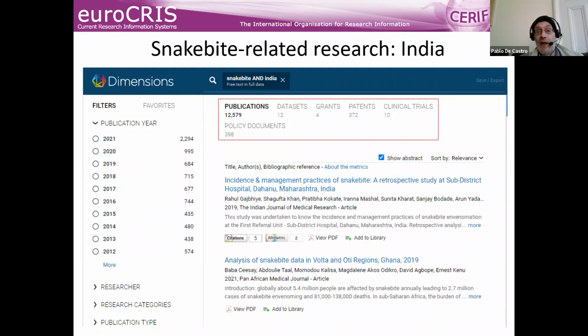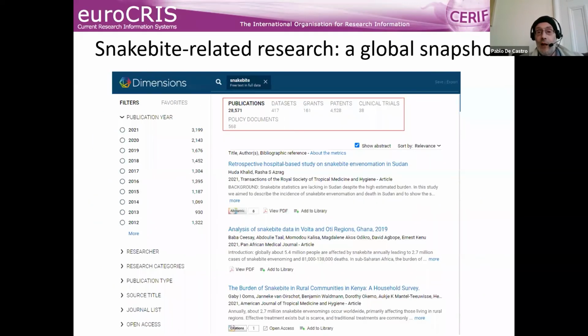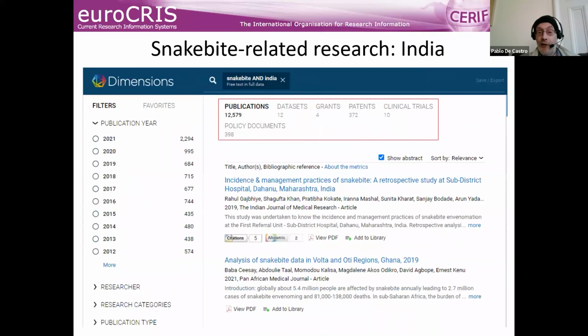Now, this is the result of the same query when filtering it for India. You can see we had nearly 30,000 publications earlier for the global snapshot for snake bites. 12,500 of them are related to India. So it's roughly half of them that are Indian.